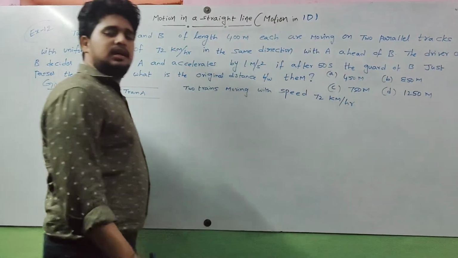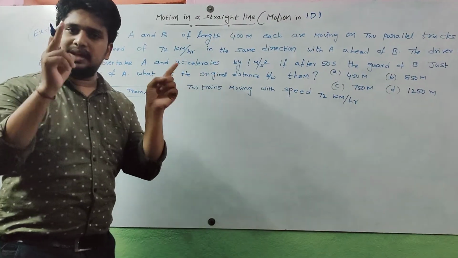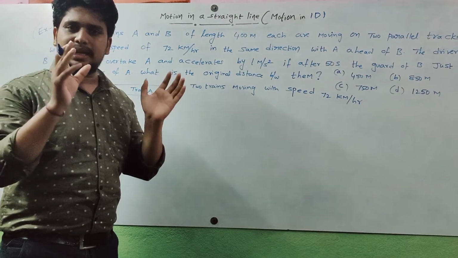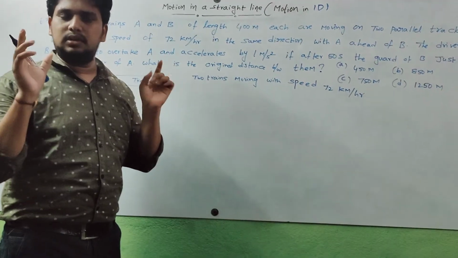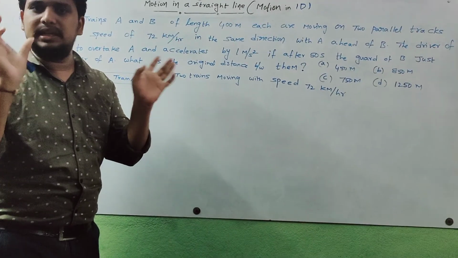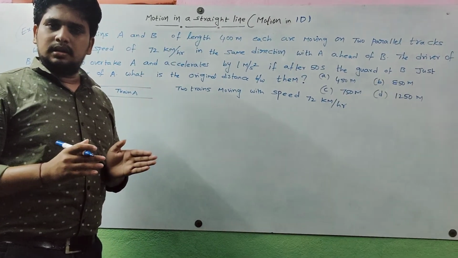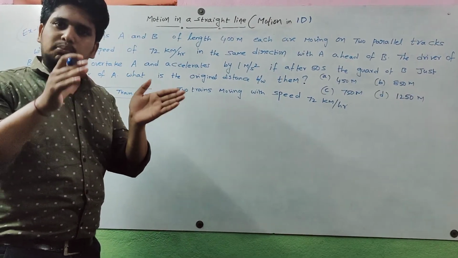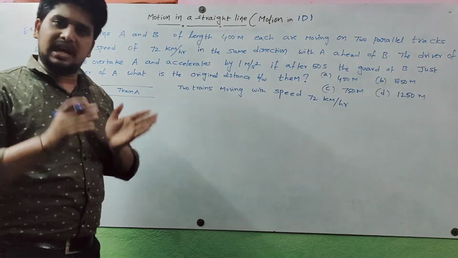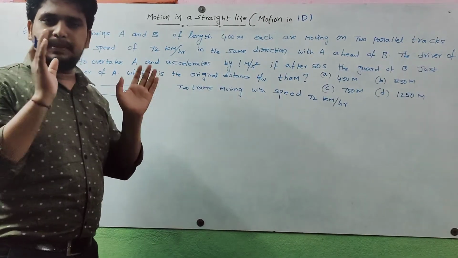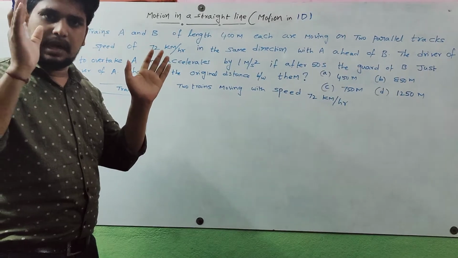Here two trains are there, both having the same length of 400 meters. Both are moving on two parallel tracks, with the same speed and in the same direction. Speed is 72 kilometers per hour.